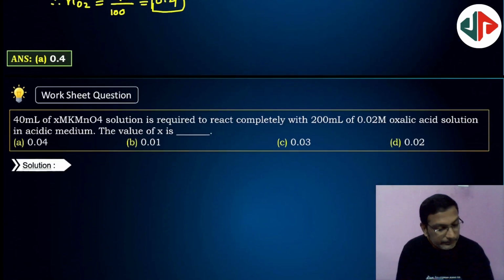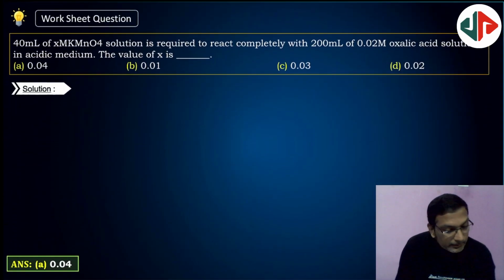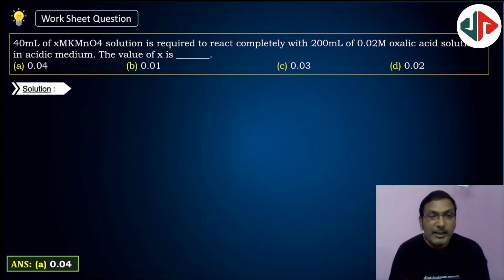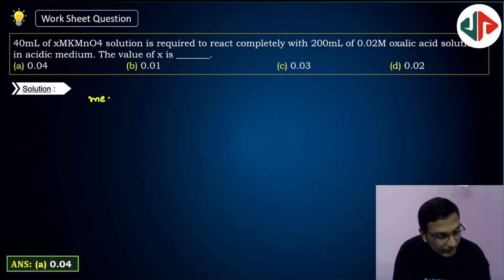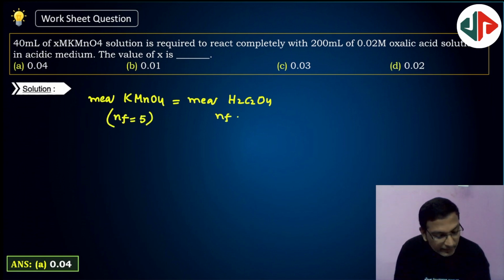Next. 40 ml of X molar KMnO4. Here also same: milliequivalents of KMnO4 equal milliequivalents of H2C2O4, which is oxalic acid. In acidic medium N factor is 5, and here N factor is 2, for 2 H+ ions.